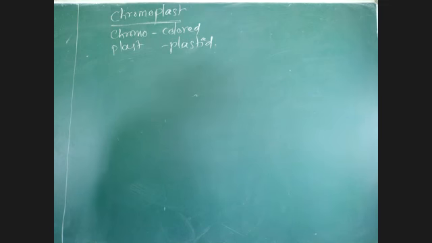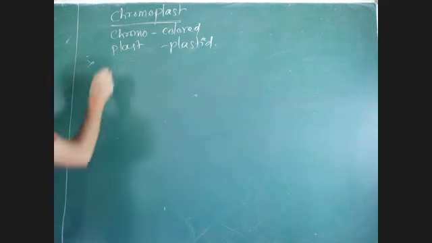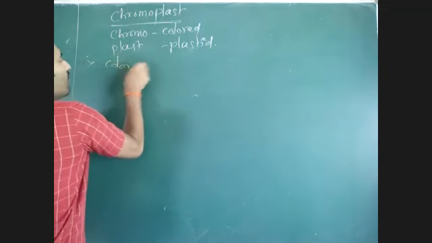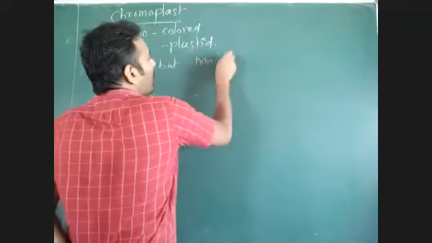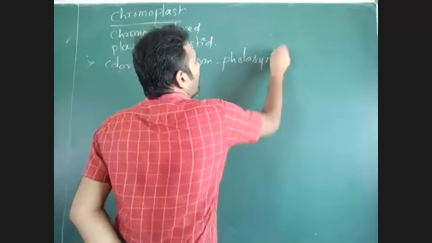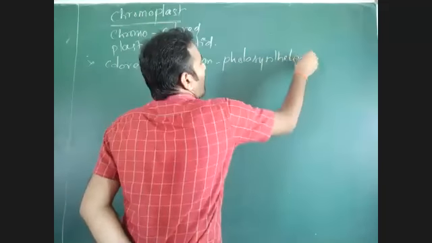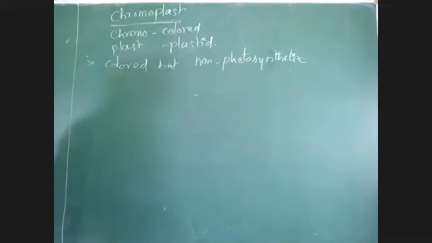These are colored, but they are non-photosynthetic. This is a very important point. You may think plastids have chlorophyll, and chlorophyll performs photosynthesis, so you may get doubts.